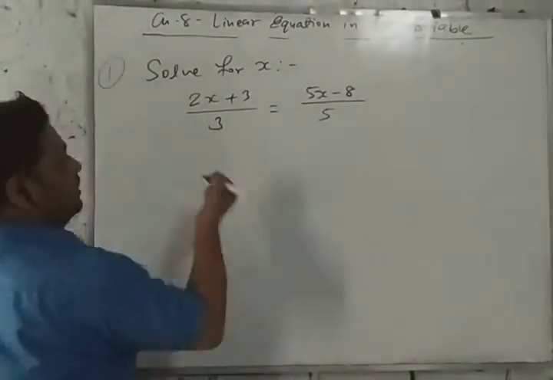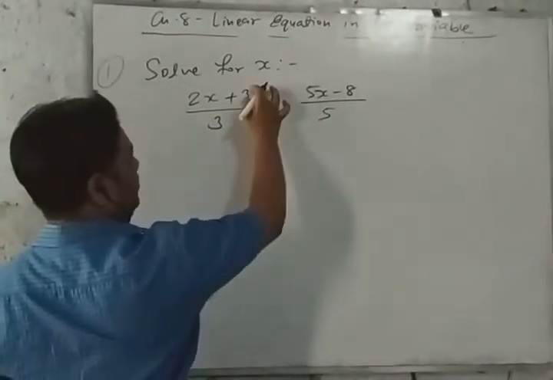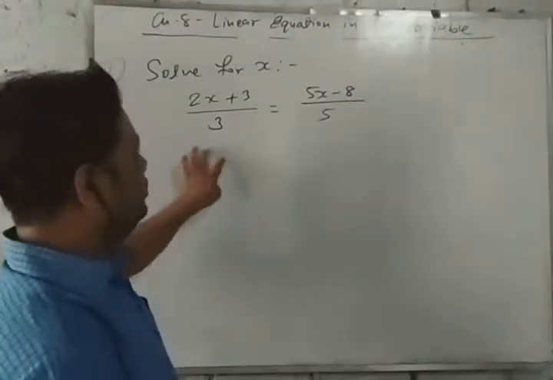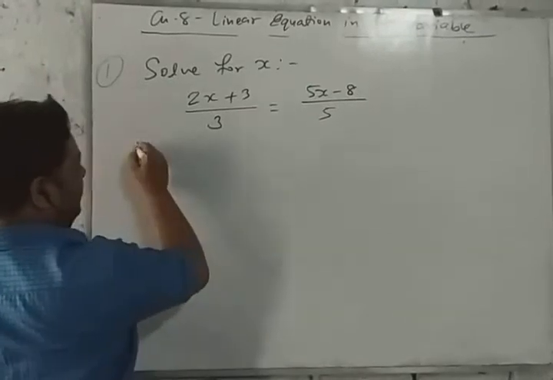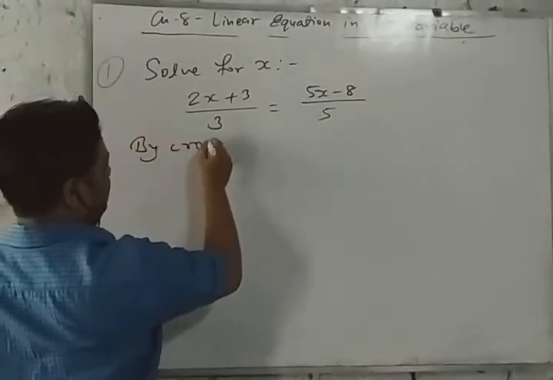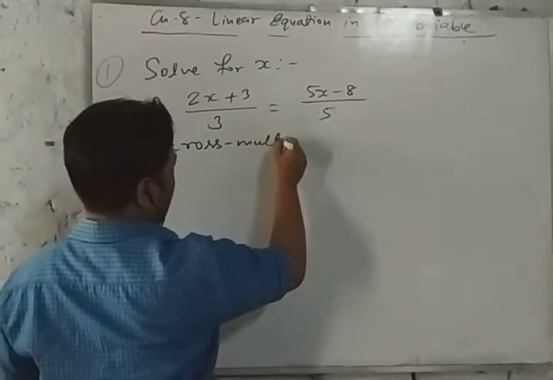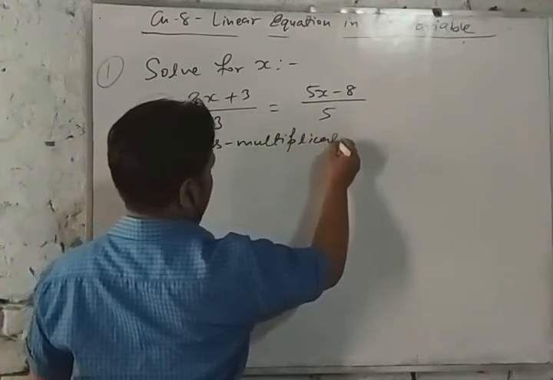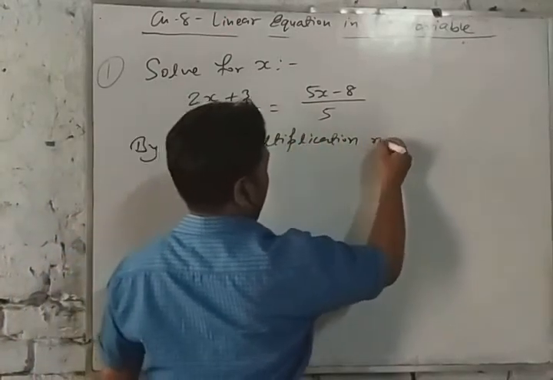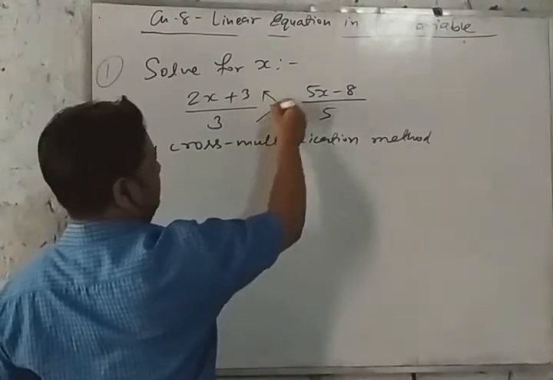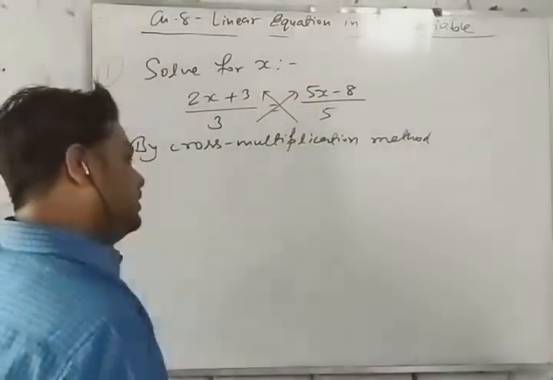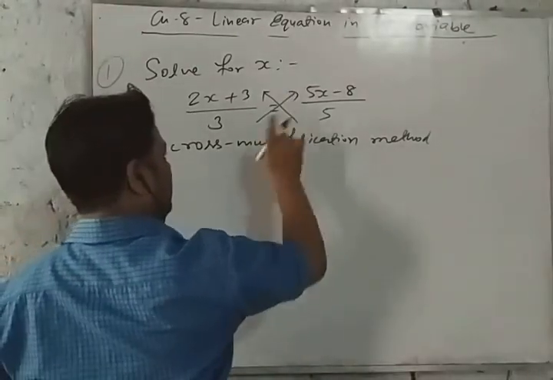Let's see. At first it is already in numerator and denominator, so we will not use the first steps. So directly we will write by cross multiplication method. This will go to that side and this will go to that side. Always keep the arrow sign just here, not the down side.